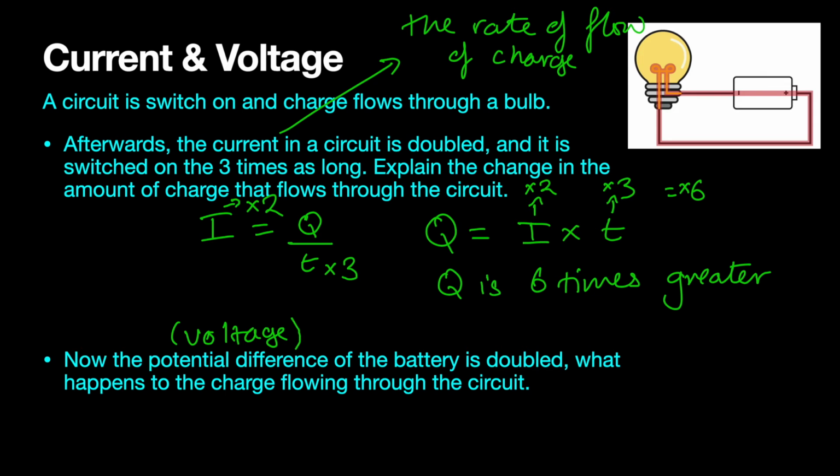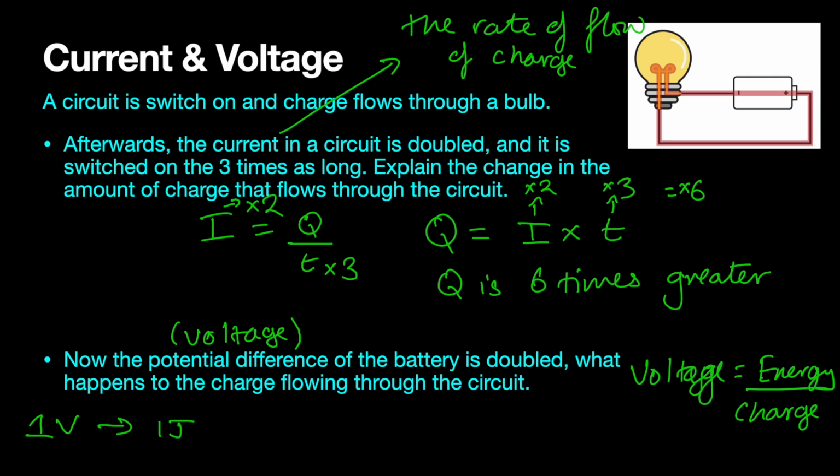Now, as you know, voltage is equal to energy divided by charge. We can recall our understanding of what 1 volt is. 1 volt is when 1 joule of energy is transferred to 1 coulomb.